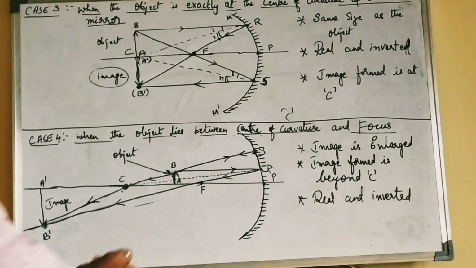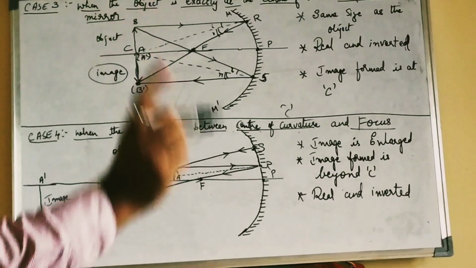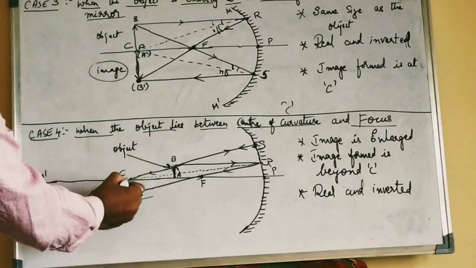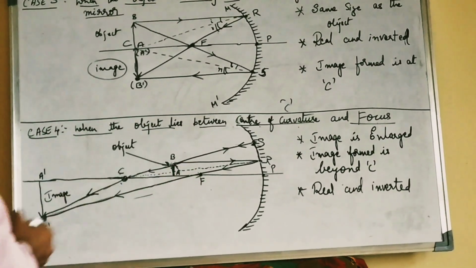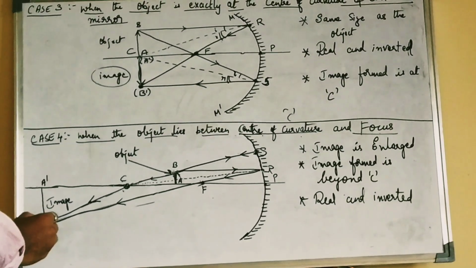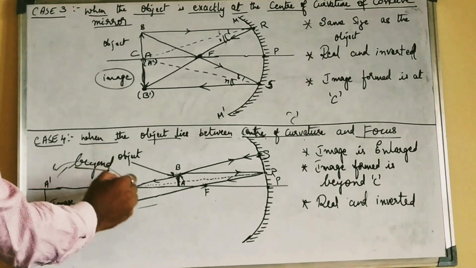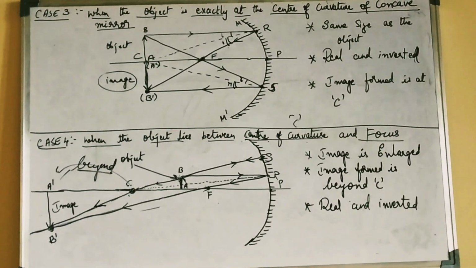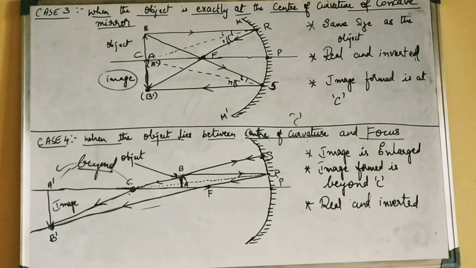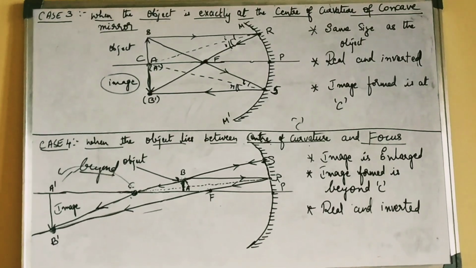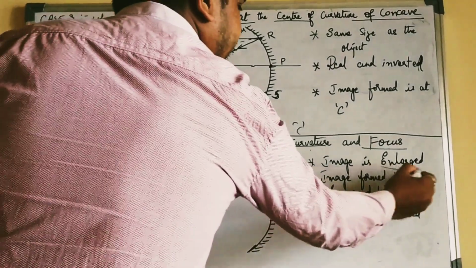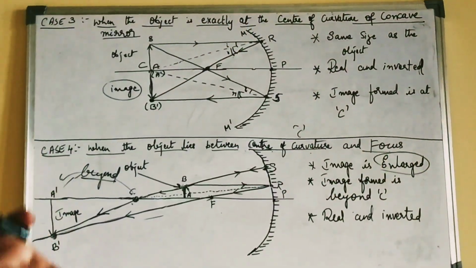What is that? When the object is placed between the center of curvature and the principal focus, the image is formed beyond the center of curvature. The image is formed beyond center of curvature and the image is enlarged. You can see the image is enlarged, means very big.